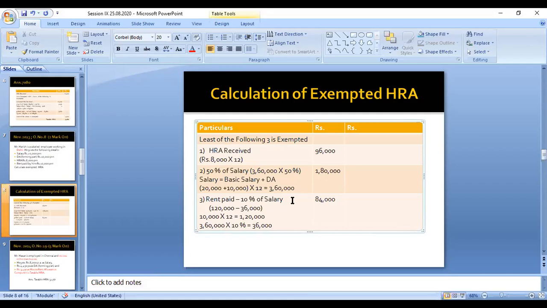So 84,000 is the third amount. It is calculated. Then the least of the following: this is 96,000, this is 1 lakh 80,000, this is 84,000.